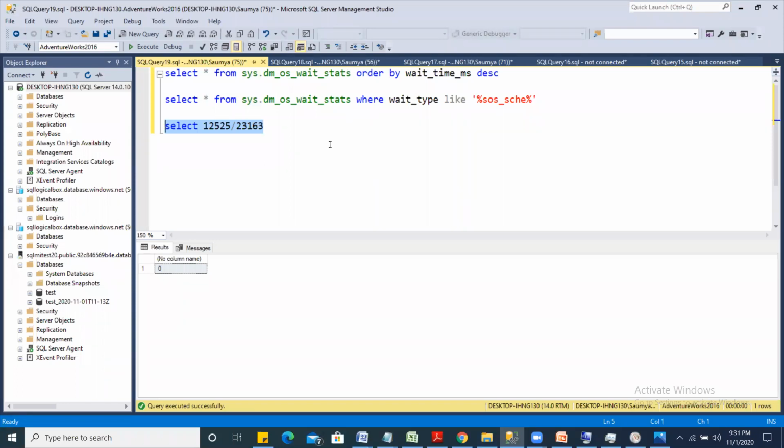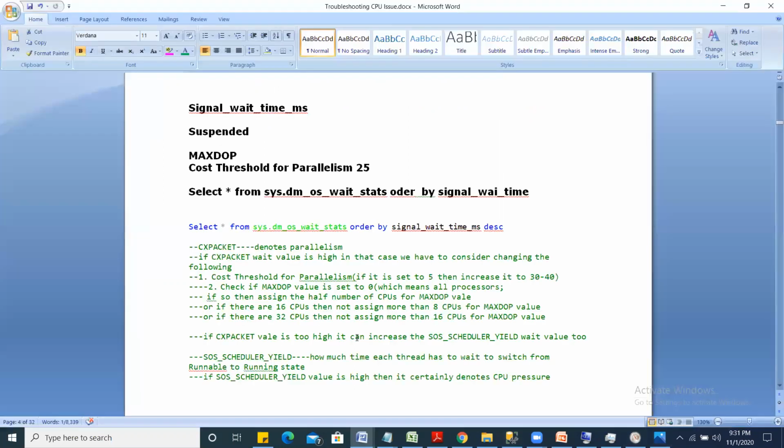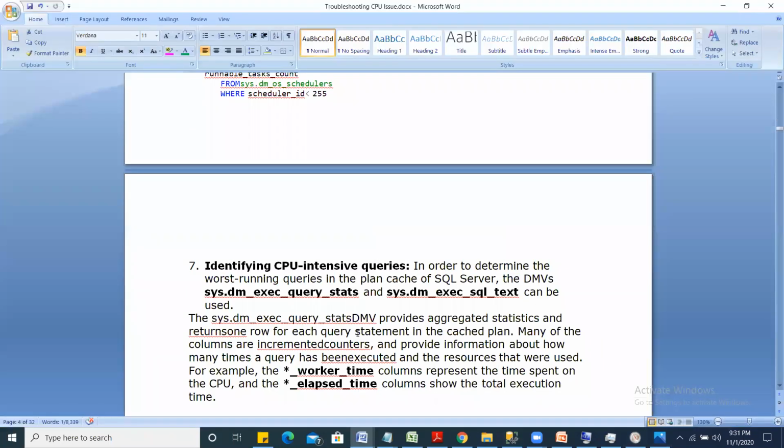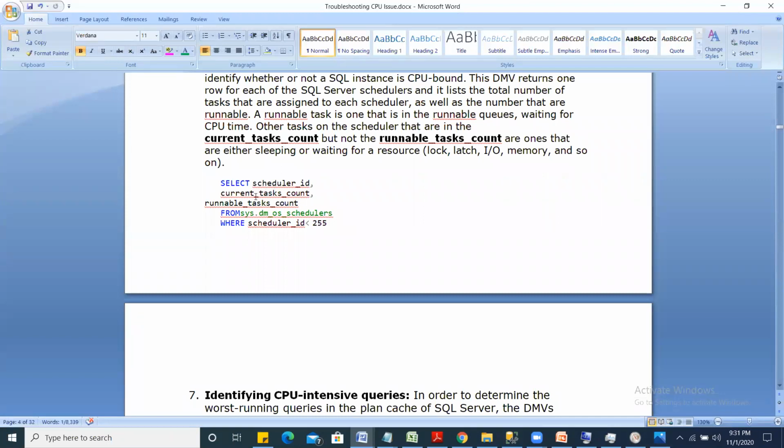Check first the long running queries, by their total execution time, or by the core execution time that is known as worker time, right? This we have done.